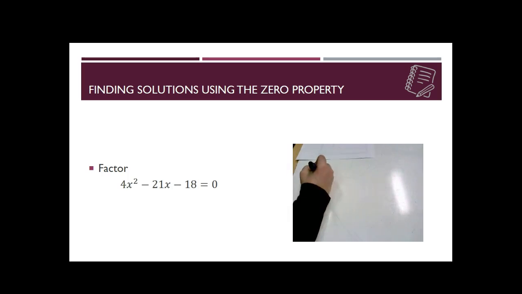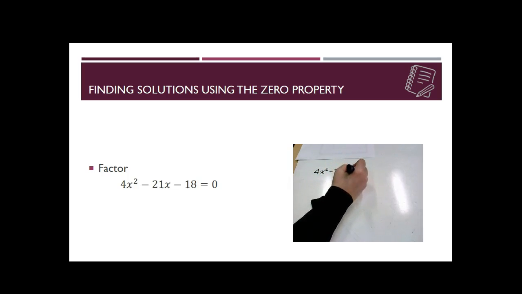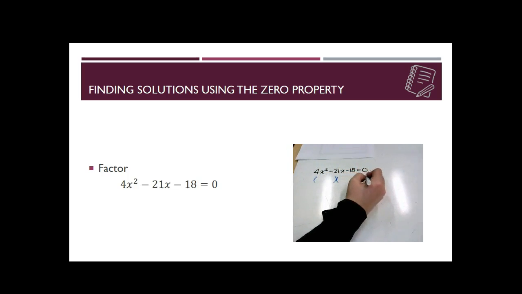Okay guys, last problem here. This one's considerably more difficult in the factoring. So we've got 4x squared minus 21x minus 18 equals 0. Remember, our goal is to be able to use that zero property, which means that we need this to be in factored form.